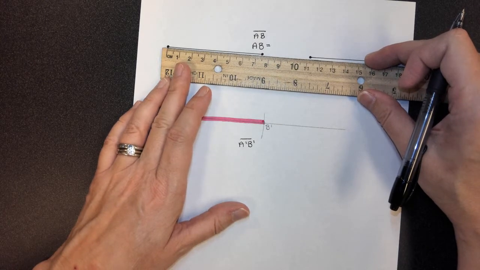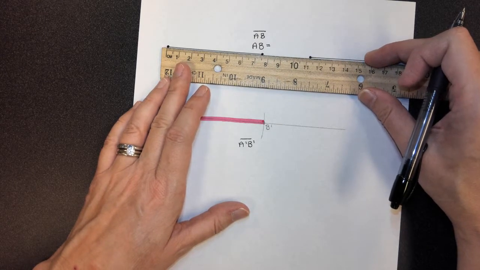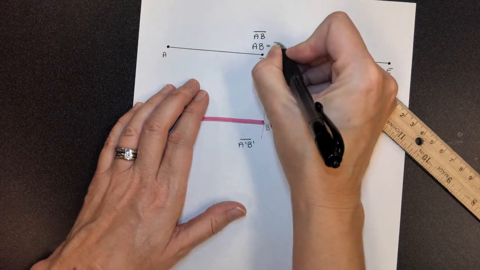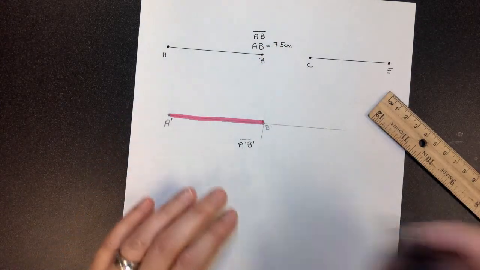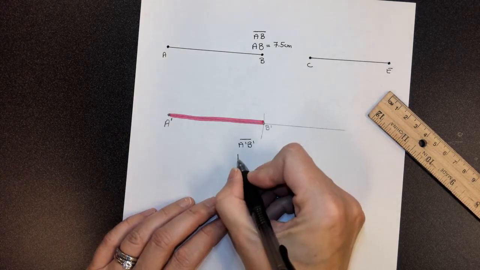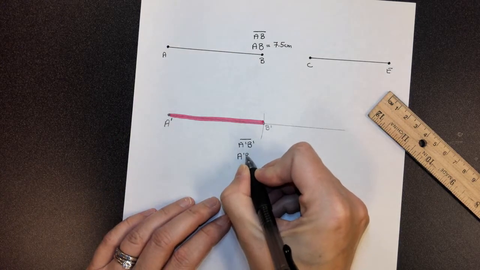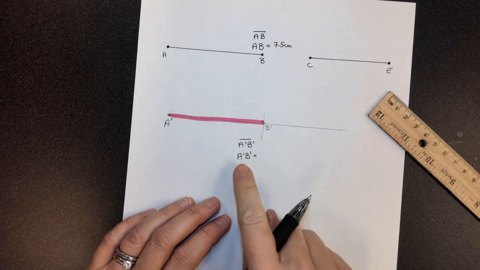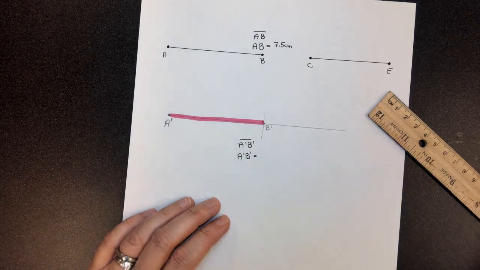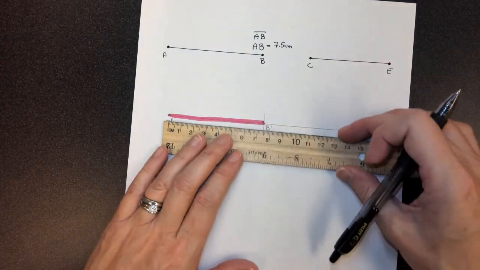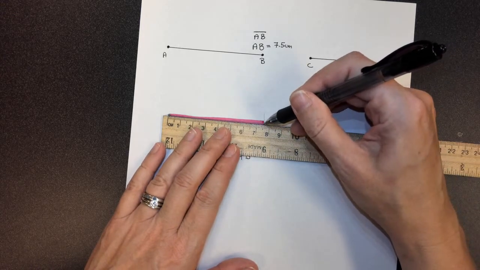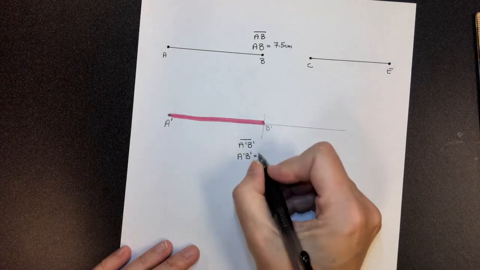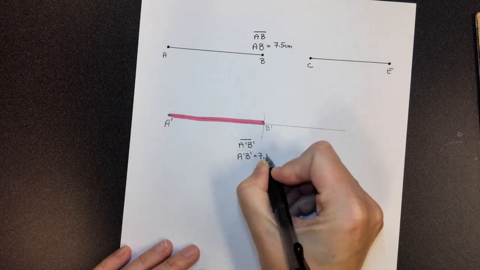Measuring in centimeters, we're going to come up with about 7.5. 7.5 centimeters. When we come down here, A prime B prime equals, meaning the length of A prime B prime, will hopefully also be 7.5. It is, so we made a good copy.